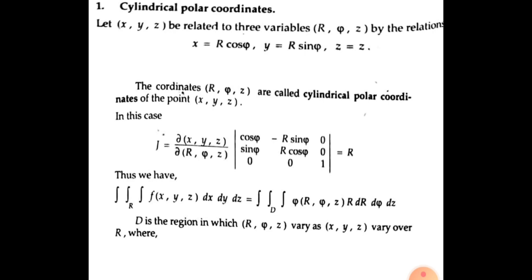Now, the Jacobian J is equal to dou of xyz by dou of r phi z. So, what is that dou of xyz by dou of r phi z?